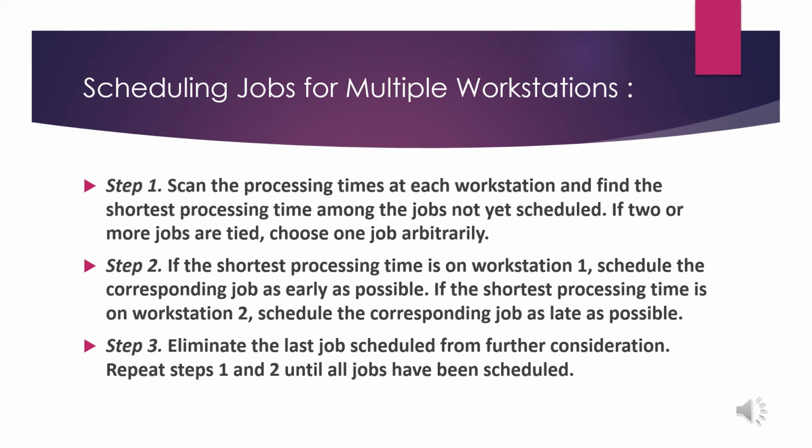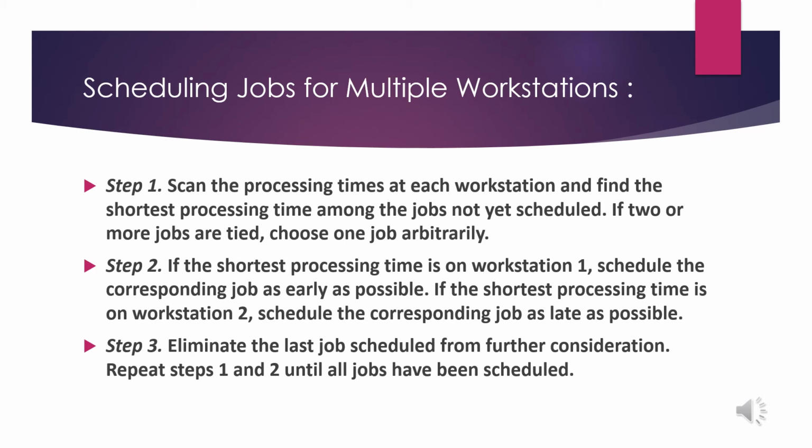The procedure of Johnson's rule is based on the assumption of a known set of jobs, each with a known processing time and available to begin processing on the first workstation. The procedure of Johnson's rule is the following.